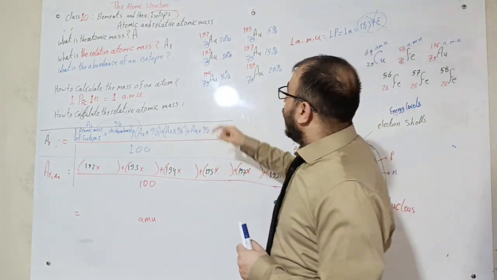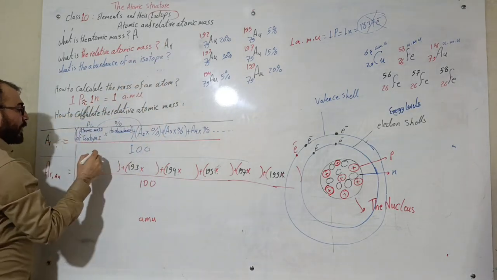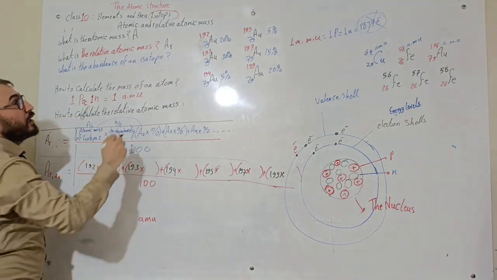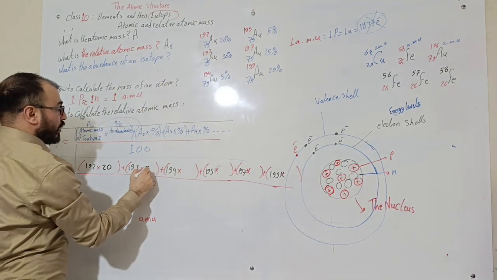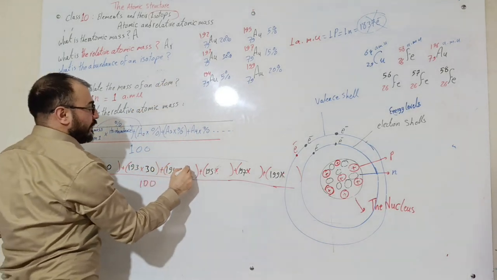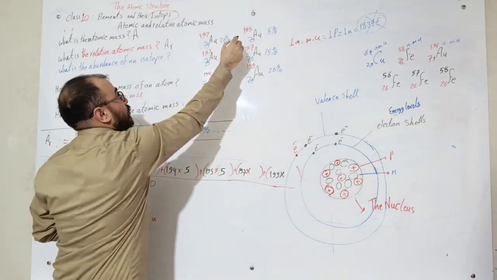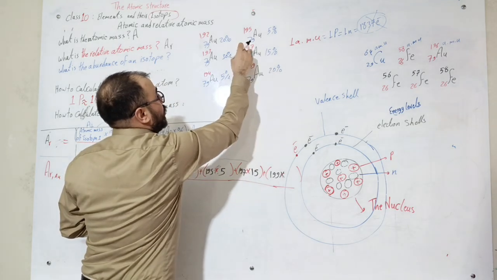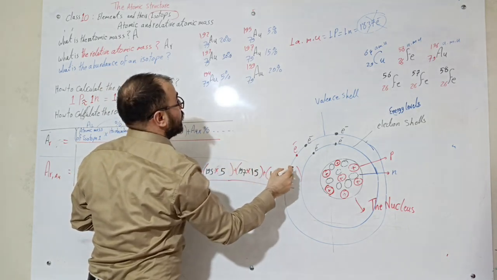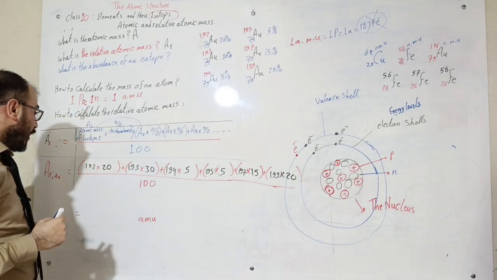Now, my friends, we have here isotope 192, and its abundance is 20. We have 193, 30. We have 5% for the isotope 195, 15 for the isotope 197, and 20 for the isotope 199.